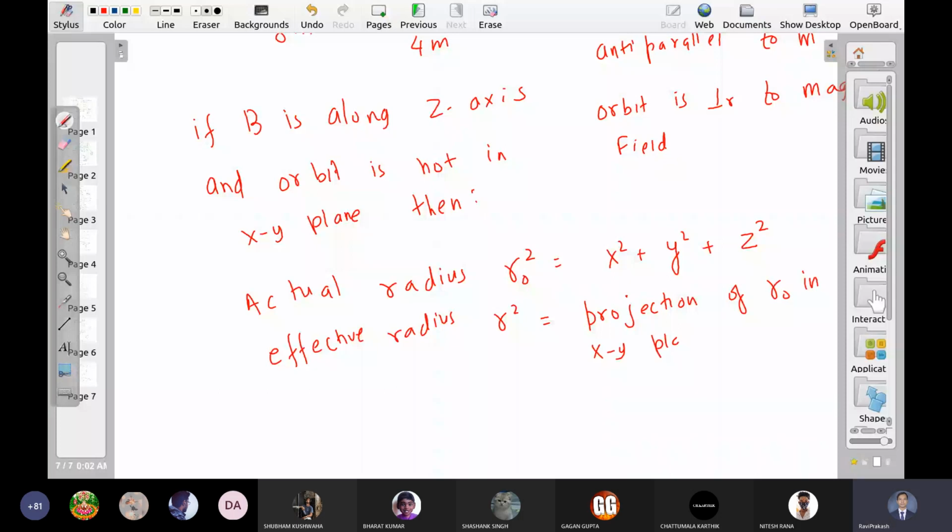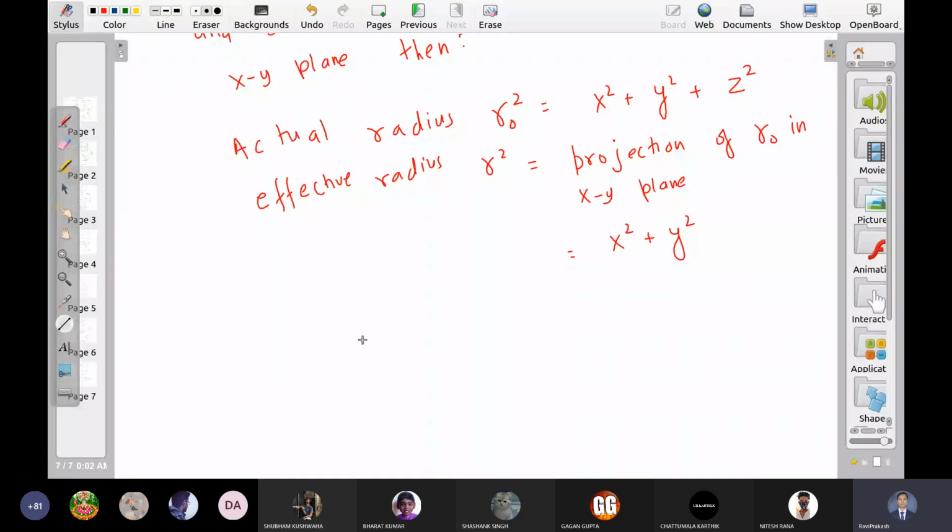What I'm saying is this is the z axis. So the magnetic field axis is this. And the orbit has this shape. It is circular, but it is not perpendicular to it. So we see what is the perpendicular section of this orbit.